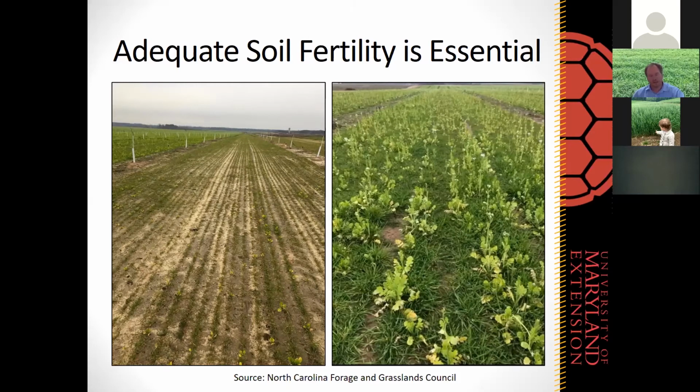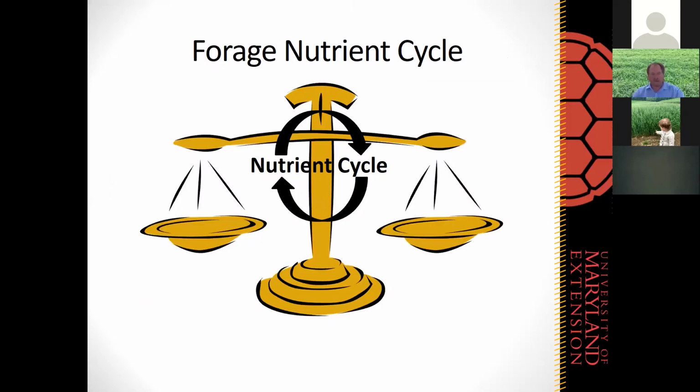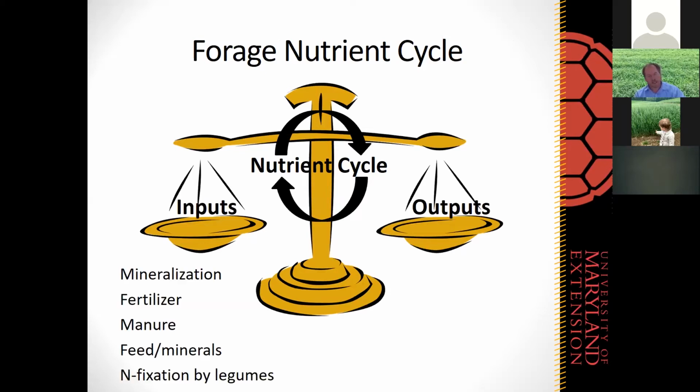So when we talk about soil fertility, we're often talking about a balance. All our nutrients go through nutrient cycles and involve both the input side and the output side, and we're trying to keep that in balance.